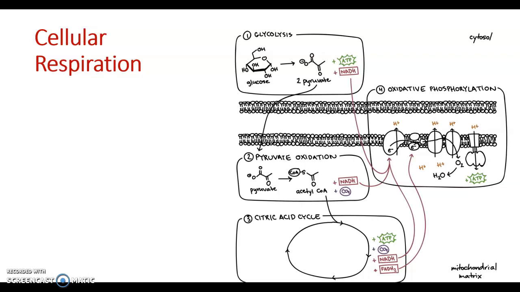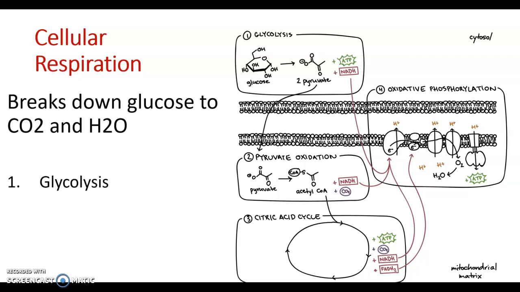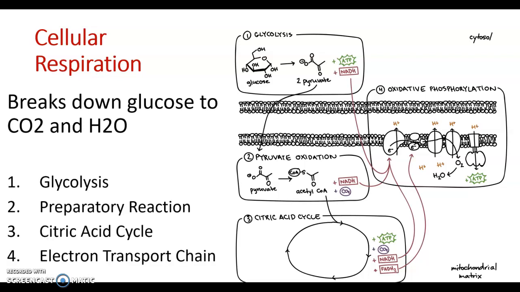Cellular respiration requires oxygen to break down glucose into carbon dioxide and water and energy, ATP. And this happens in 4 steps: glycolysis, the preparatory reaction, the citric acid cycle, and the electron transport chain. We're going to go through each of those steps individually to see how that happens.